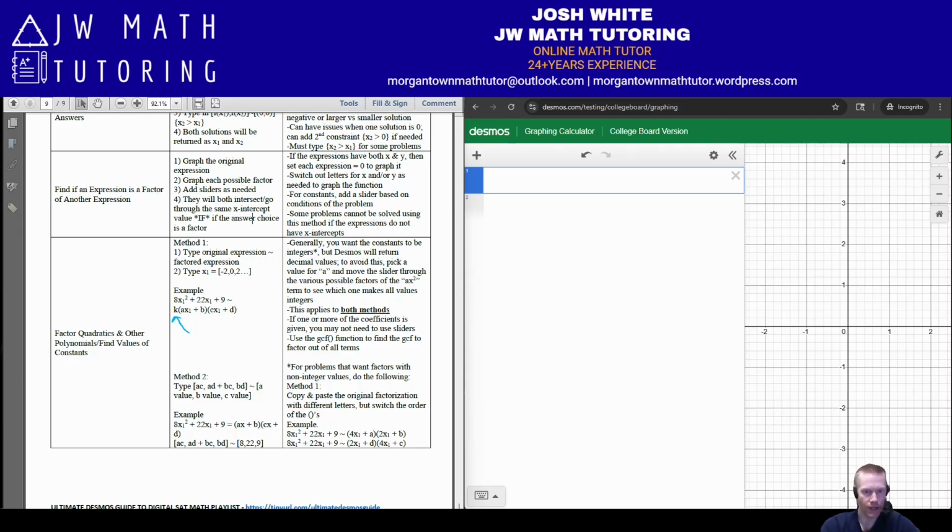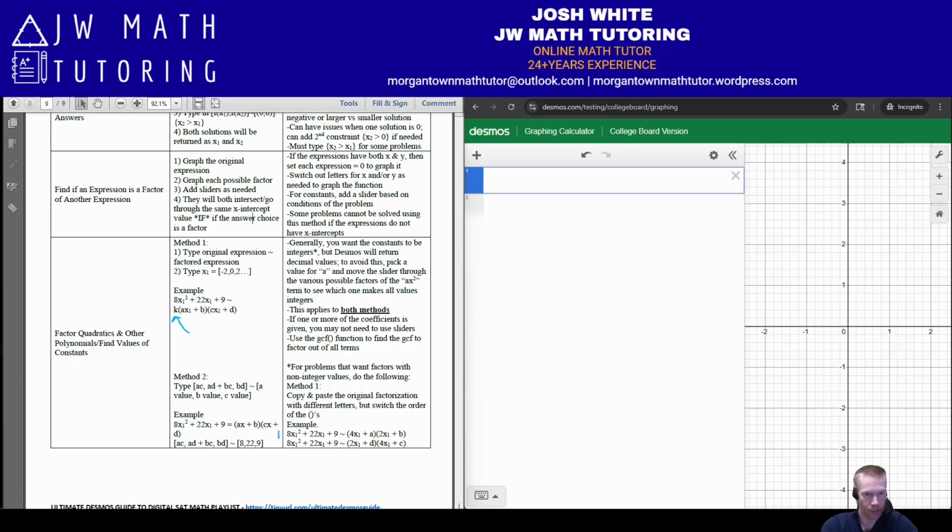Then the second way is you factor it, but they want specifically non-integer values. They want decimals. The way you can do this type of problem is you basically do method 1, except you switch the two parentheses.